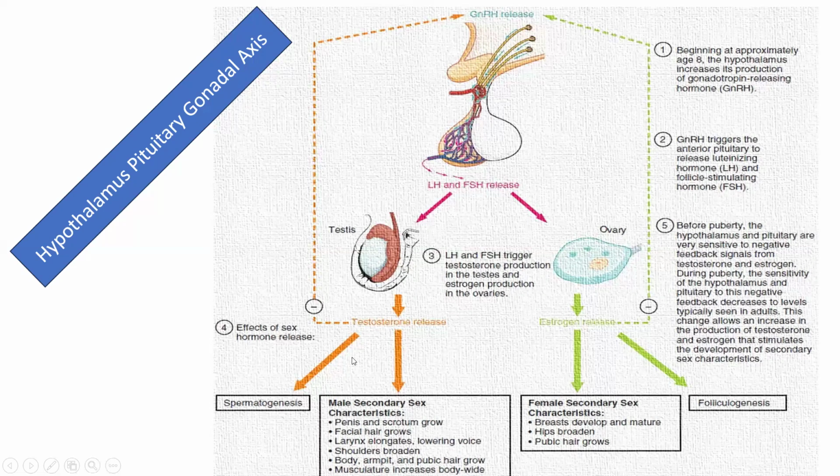So these are the hormones in male as well as female which are responsible for secondary characters and the main processes of reproduction like folliculogenesis and spermatogenesis. They also have some feedback mechanism.